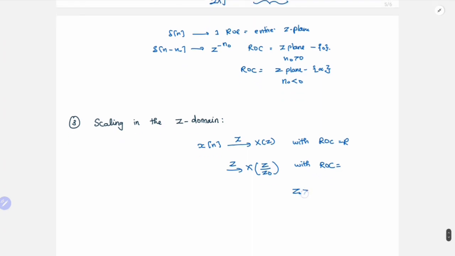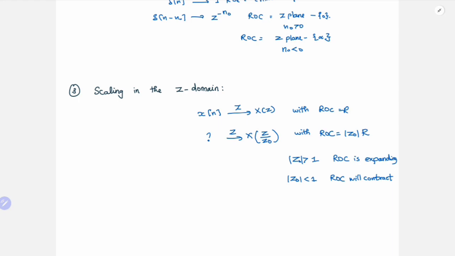If mod z naught is greater than 1, then my ROC is expanding. My entire z plane itself will expand, right? And if my mod z naught is less than 1, my ROC will contract, or it will shrink, correct? Then how will I write my ROC? It will be mod z0 into R. So if mod z0 is greater than 1, it is going to expand to mod z0 R, and if mod z0 is less than 1, it is going to shrink or contract.